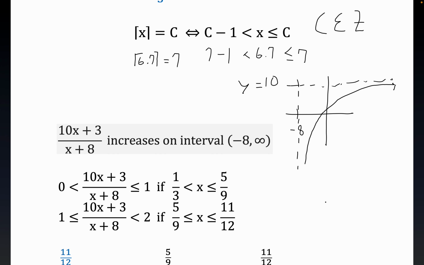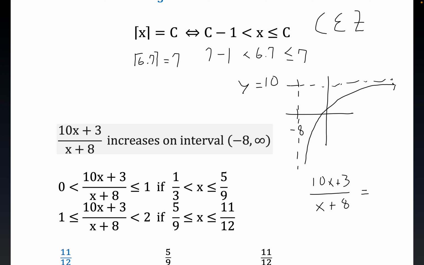Where we got this 5/9 is we just set 10x plus 3 equal to 1. And again, I won't go through all that. It's just a little bit of work, but it's not much trouble.